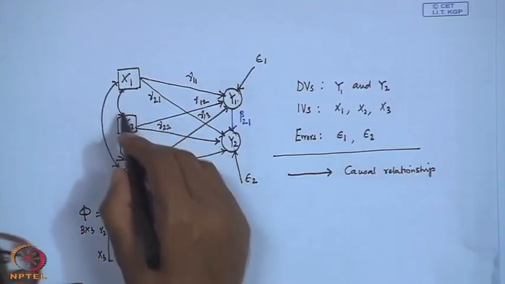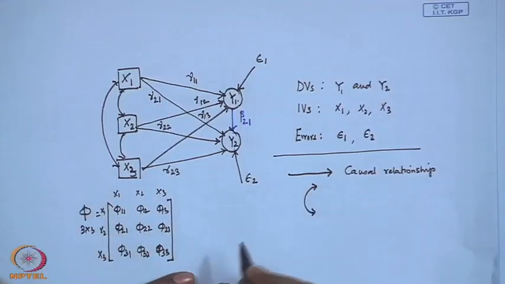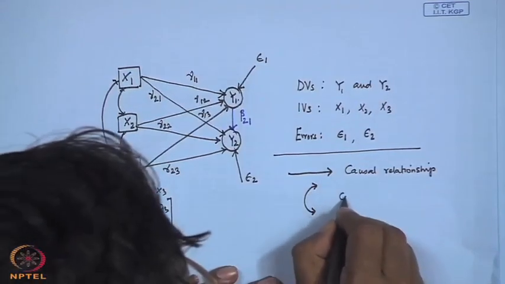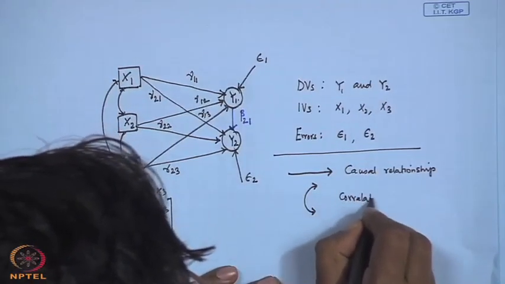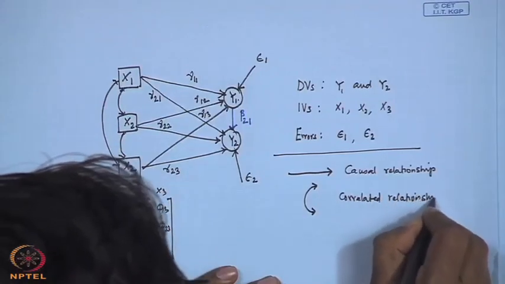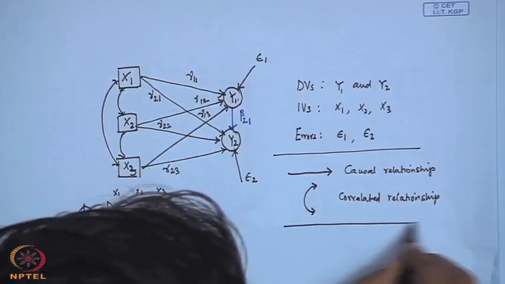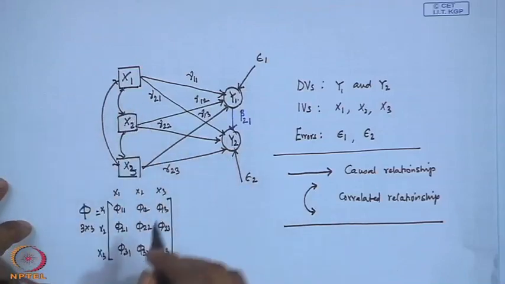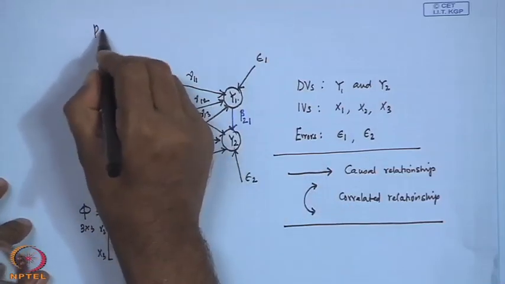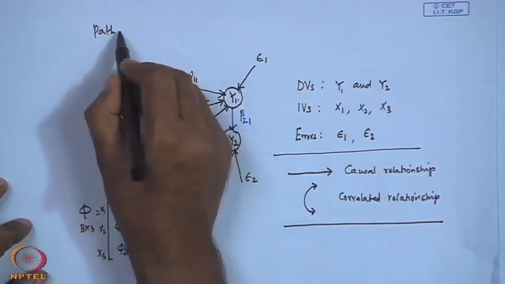Another type of relationship is given here, this curved bidirectional one, which is known as a correlated relationship. So, these two types of relationships are estimated in a path model.